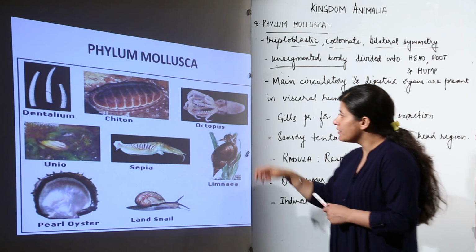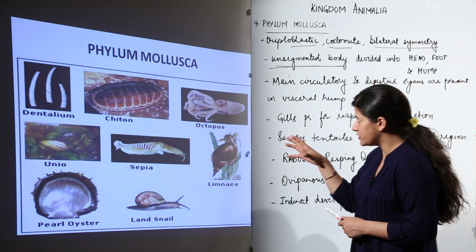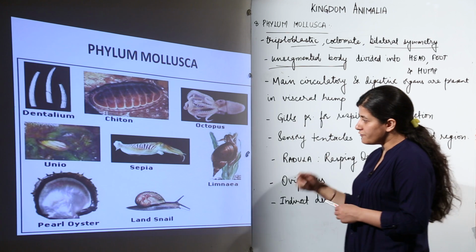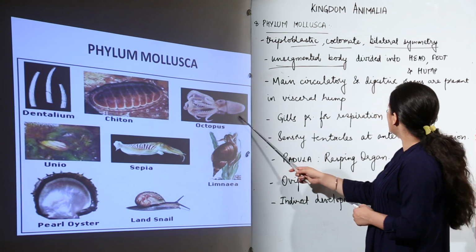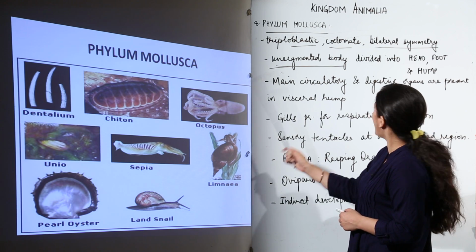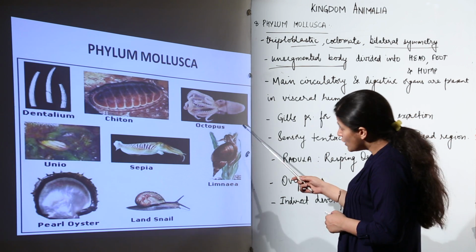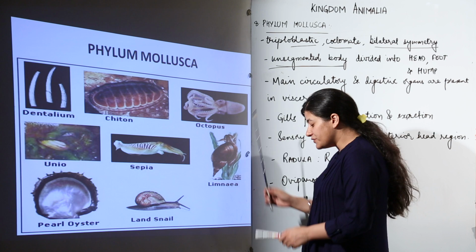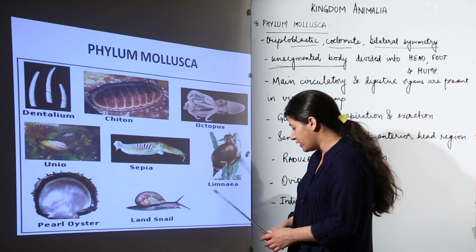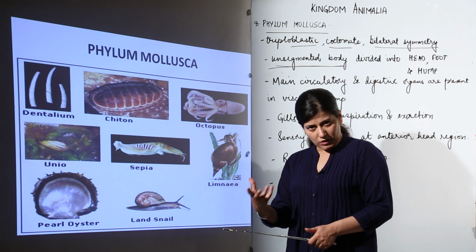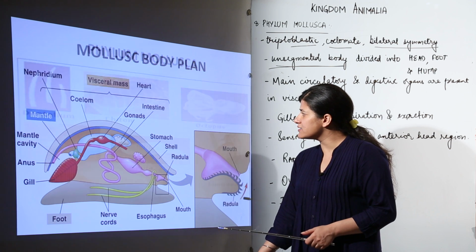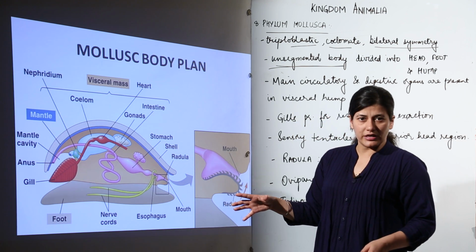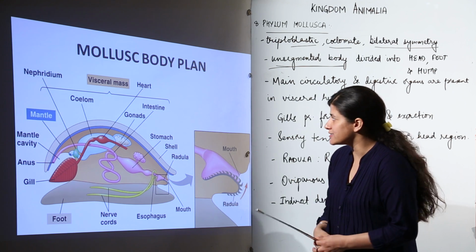We are going to see that, but have a look at these examples which are of phylum Mollusca, and from here you can make out that the body would be divided into a head, there is a foot and there is a hump, which you can't make out over here. But if I give you an example of a typical mollusk representation, the typical body plan we are talking about would be something like this.